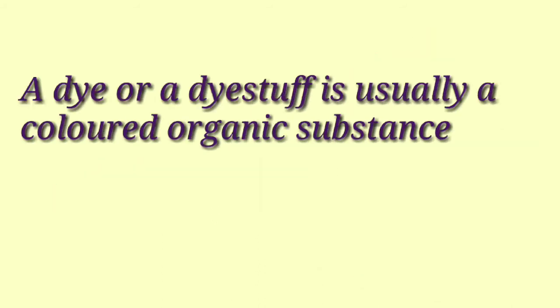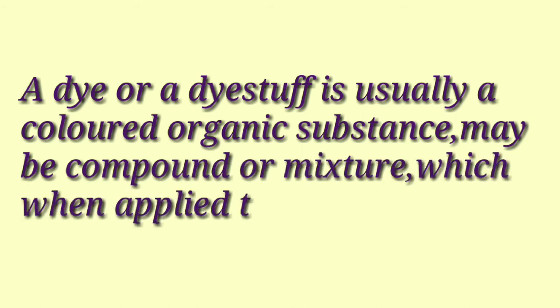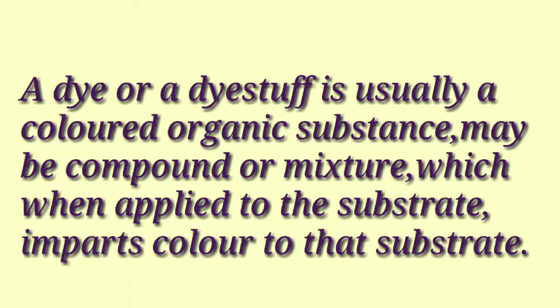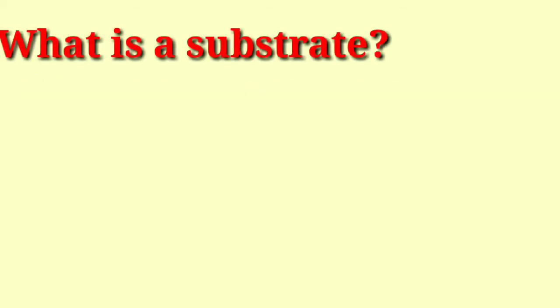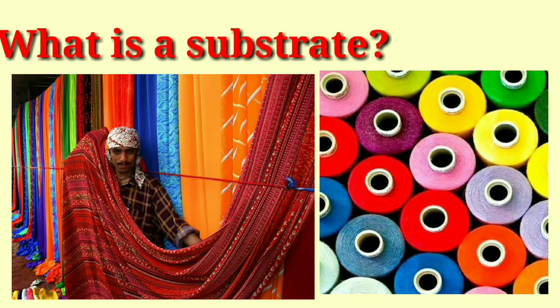A dye or a dyestuff is usually a colored organic substance. It may be a compound or mixture, which when applied to the substrate, imparts color to that substrate. Commonly, the substrate is the textile material.